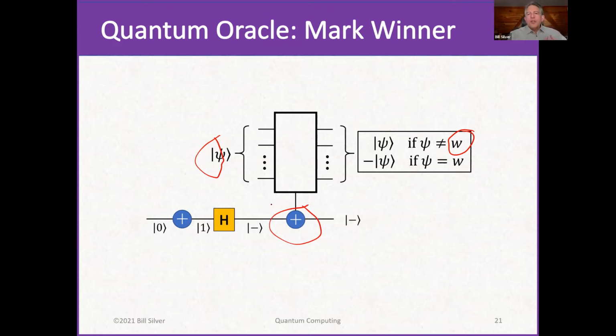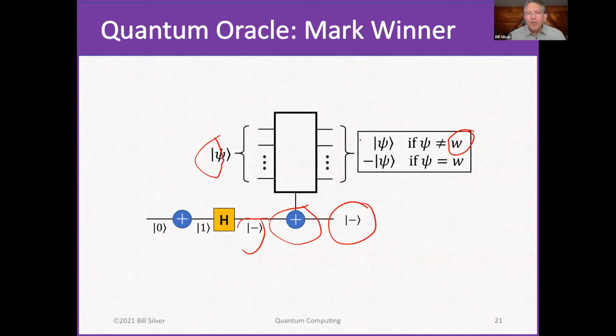And as we saw with phase kickback, this is a phase kickback circuit. That minus state gets passed through undisturbed, and the output here is a highly entangled state where one of the components has had its phase shifted.